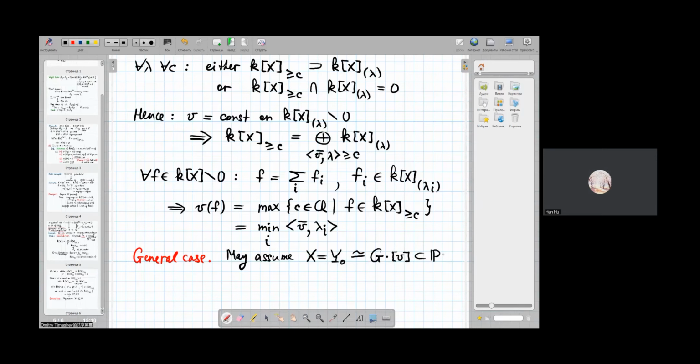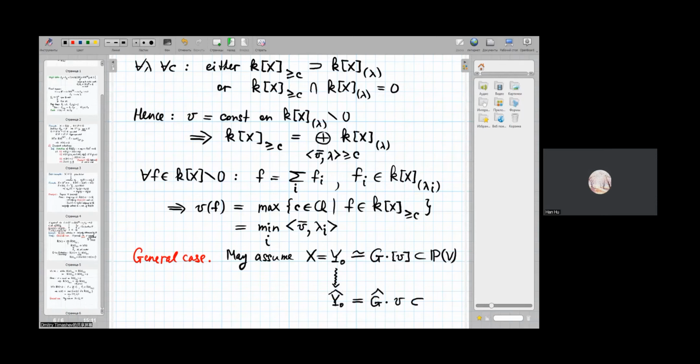Now we take the affinization of this orbit. So we pass to the orbit of a bigger group. Let me denote it Y_0 hat. Y_0 hat is the orbit of the vector v under the group G hat.